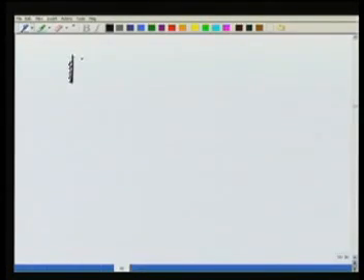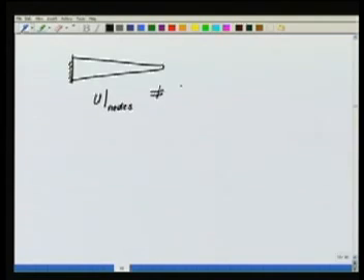Further, even if I don't have the spring and I have a tapered member, in this case also you will see that U is not equal to UFE at the nodes, but they are sufficiently close. Okay.